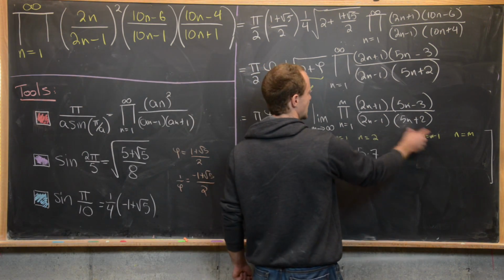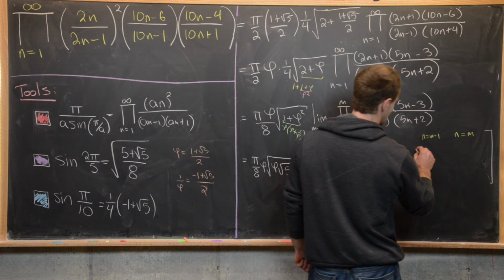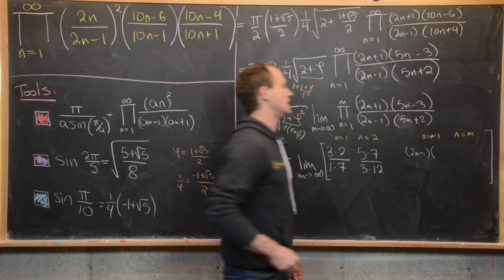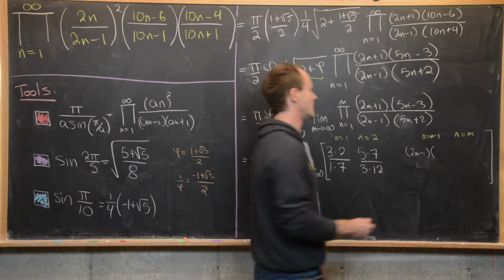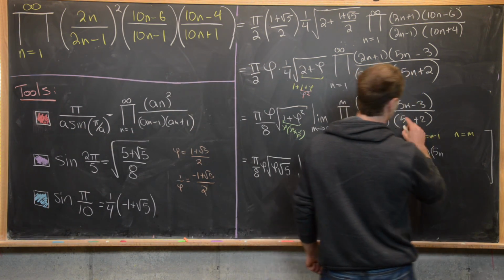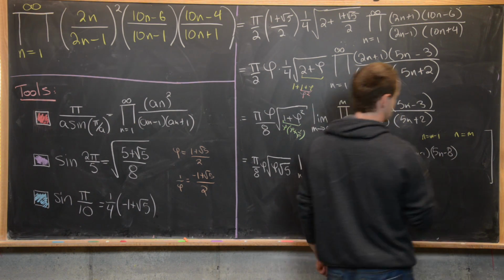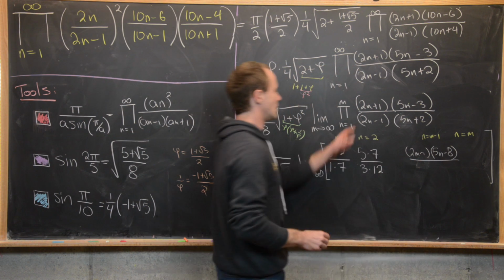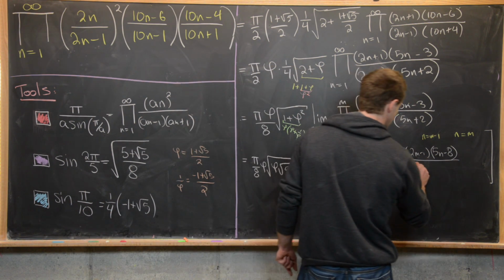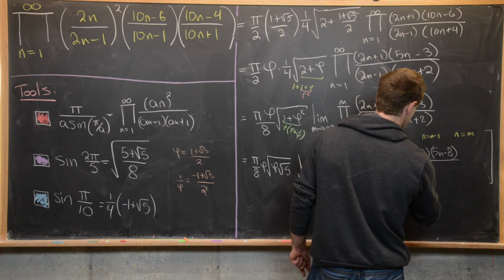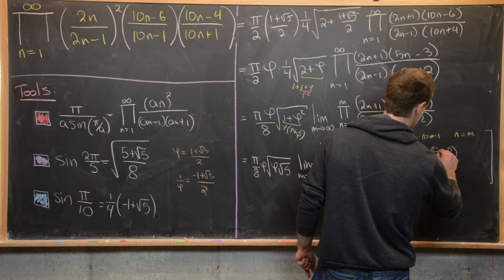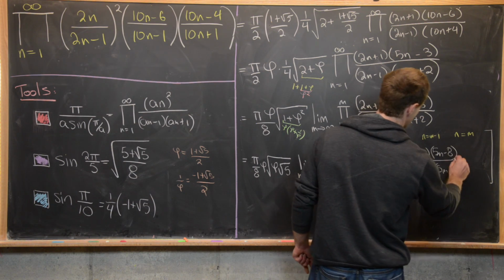So if we plug in n equals m minus 1 here, we'll have 2m minus 1. And then notice for that one, we will have 5m minus 8. Great. And then in the denominator, we'll have 2m minus 3, and then we'll have 5m minus 3.